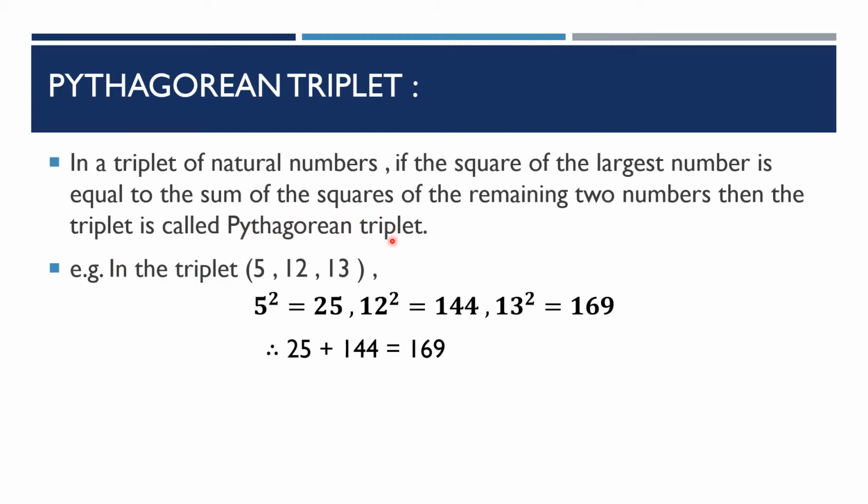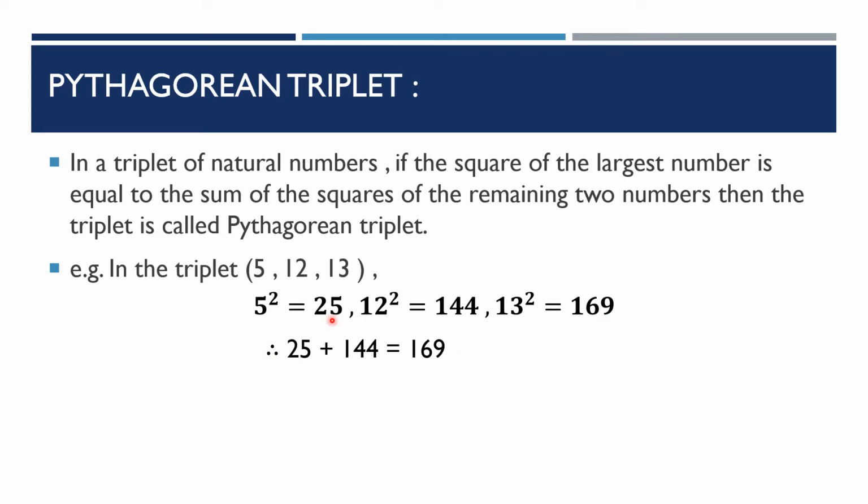Now, we study this Pythagorean triplet by taking one example. Here 5, 12 and 13 is the triplet of three numbers. Now 13 is the largest number and the remaining two numbers, that is 5 and 12, are smaller than 13. Now we have to make the squares of these three numbers. 5 square is equal to 25, 12 square is equal to 144, 13 square is equal to 169.